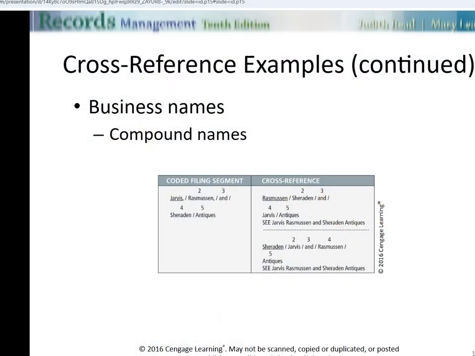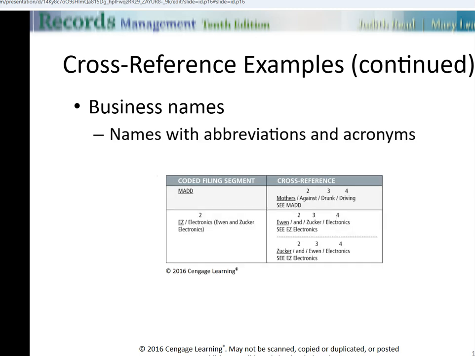Let's take a look now at another example. Another time you might need to create a cross-reference is when you have business names with abbreviations and acronyms. For example, most people recognize the organization MADD, which is short for Mothers Against Drunk Driving. Someone looking for the file might search under MADD, while another person might look under the full name of Mothers Against Drunk Driving.